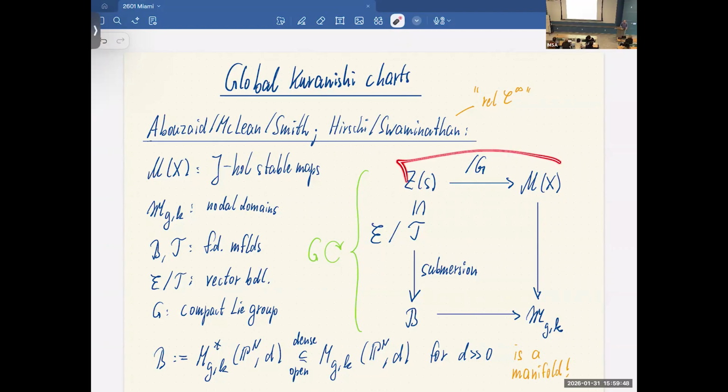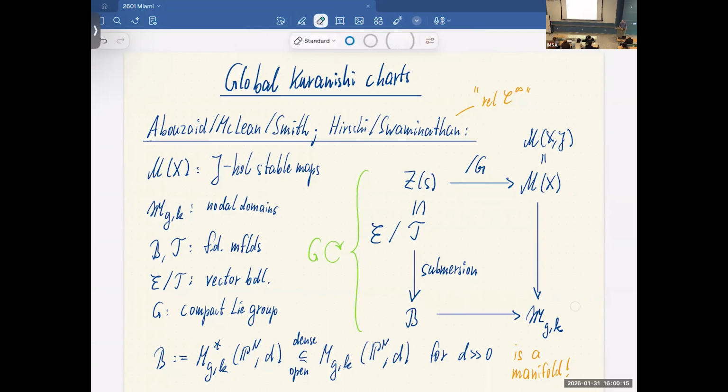So this is just this diagram, okay? So let me just explain the notation. This is the space we are interested in. So this has a J, right? So there's an M of X_J. These are my J-holomorphic stable logarithmic maps for this normal crossing situation (X, D).